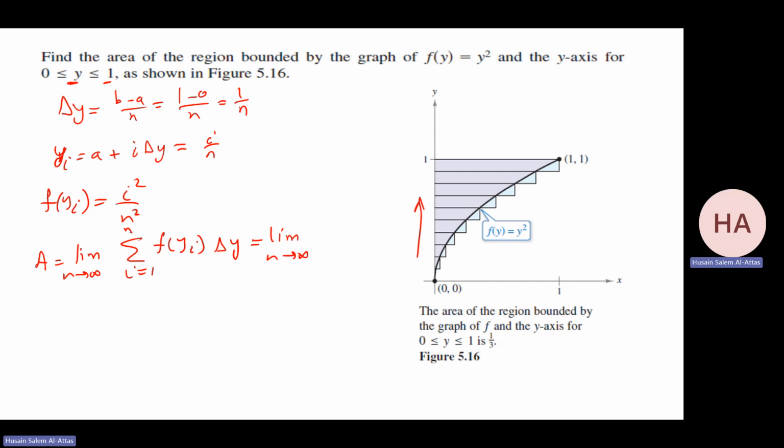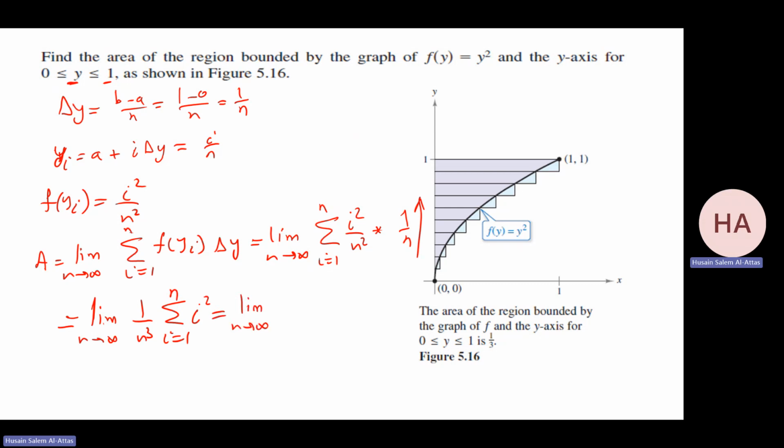F of yi is i squared over n squared, times delta y, which is 1 over n. So that gives me the limit as n goes to infinity of 1 over n cubed with the summation from i equals 1 to n of i squared.